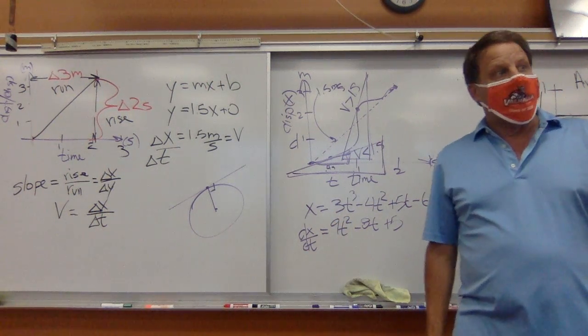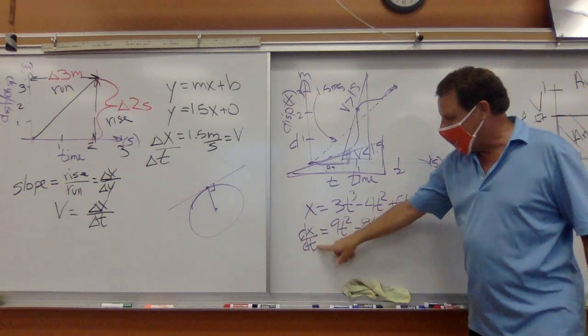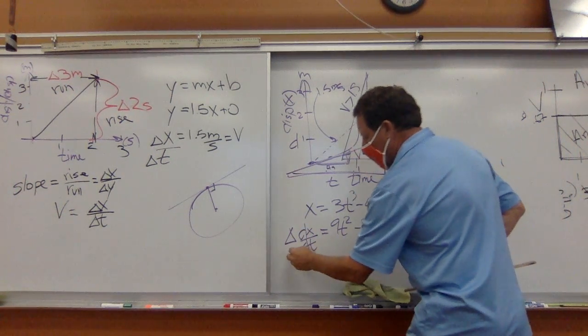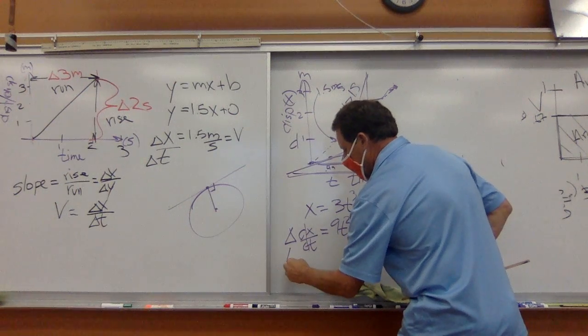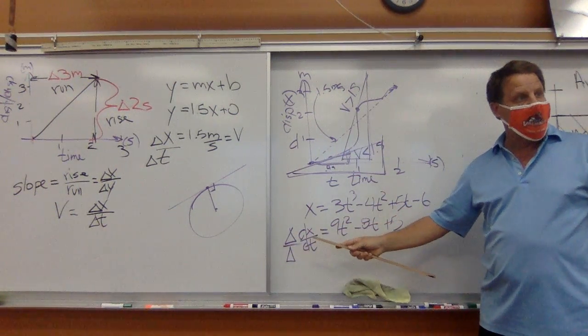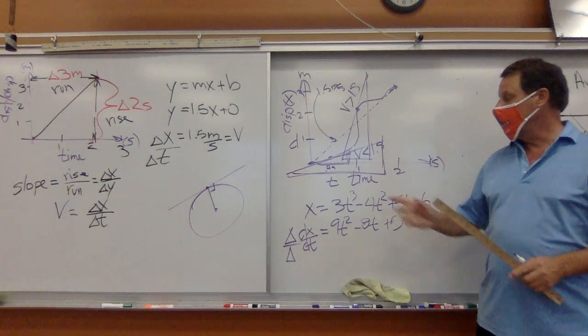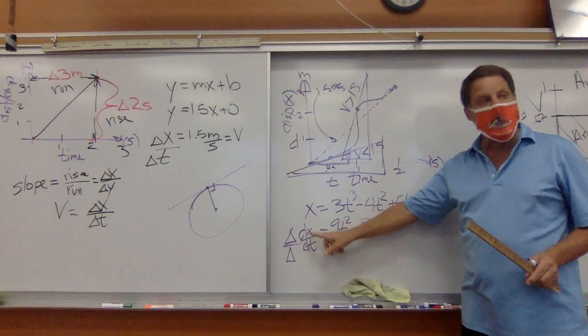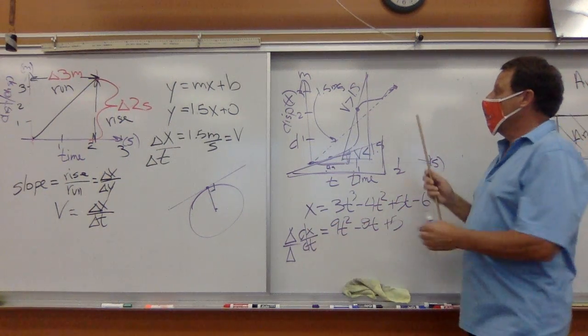So the differential of position versus time is going to be dx/dt. What's the difference between dx and delta x, big D versus little d? Little d just means we're taking very small changes, a dx and a dt.